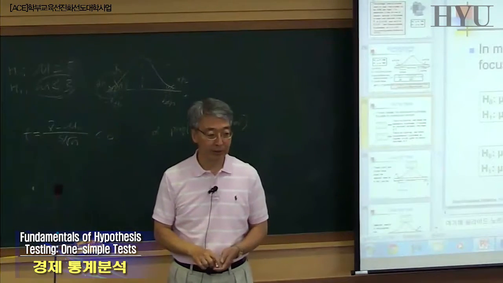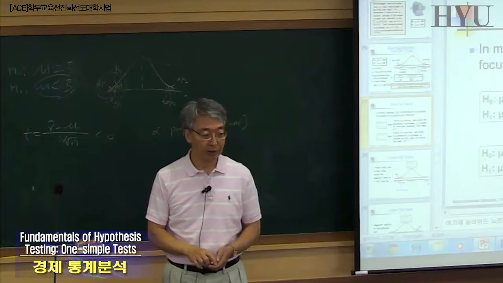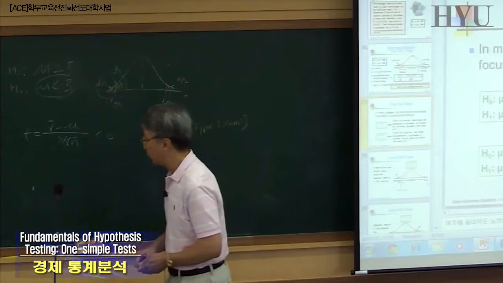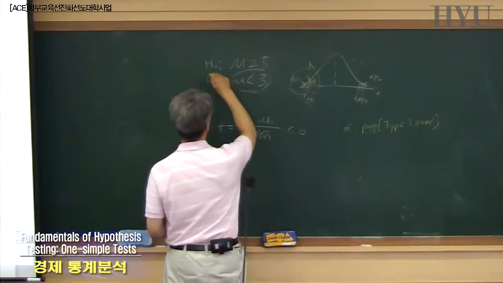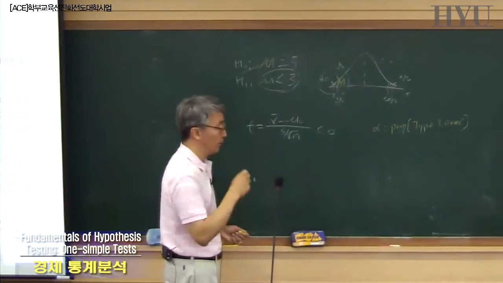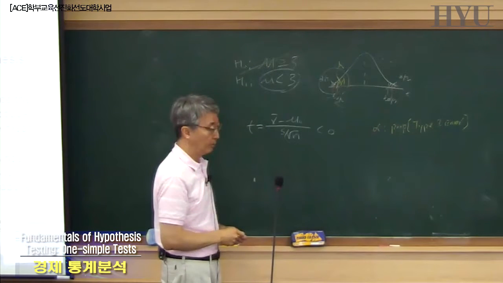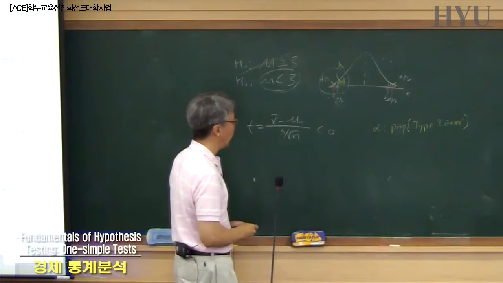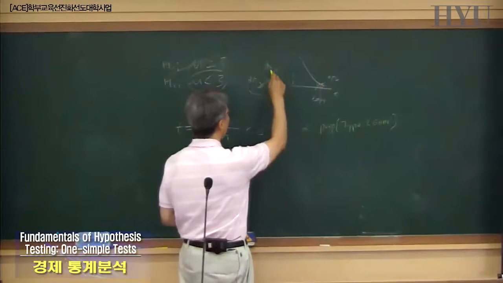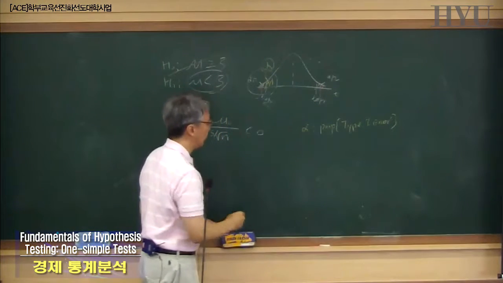It's an error of rejecting the null hypothesis when in fact it is true, right? So what you're saying is, okay, if this thing happens, I'm going to reject the null hypothesis, right? But there is still a chance, right? But I'm going to accept this amount of risk, right?